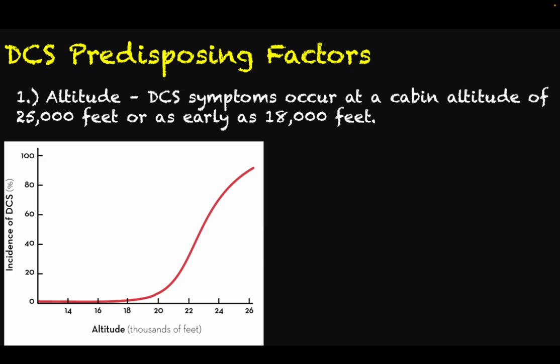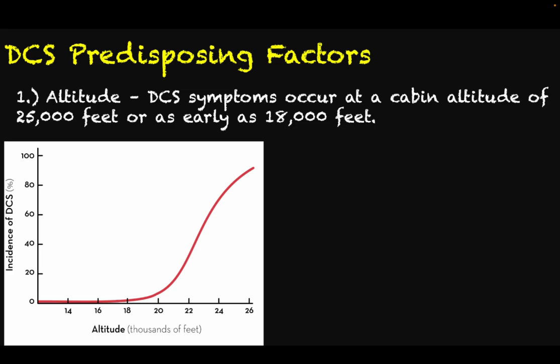Speaking of high altitude, that is the number one predisposing factor for DCS symptoms, and it's like, no duh, right? DCS symptoms will occur at a cabin altitude of usually about 25,000 feet. That's going to be the threshold where you really start to see a high incidence of DCS symptoms.